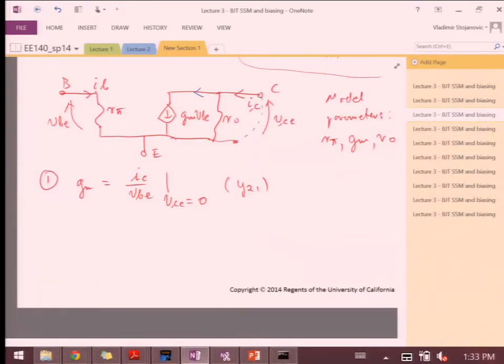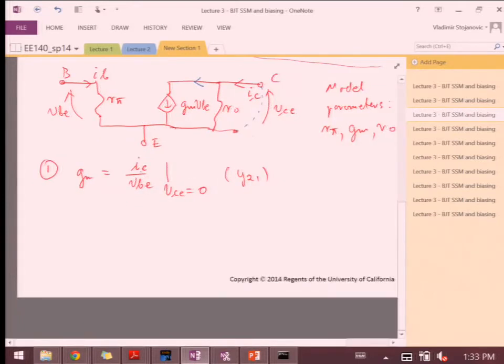Now, IC and VBE are small signal values. It means they're derivatives or changes of the actual currents and voltages. So to derive this, I'm going to say GM equals an actual derivative of IC versus VBE. Notice that these are capital, so this is the changes in the total current versus total voltage.